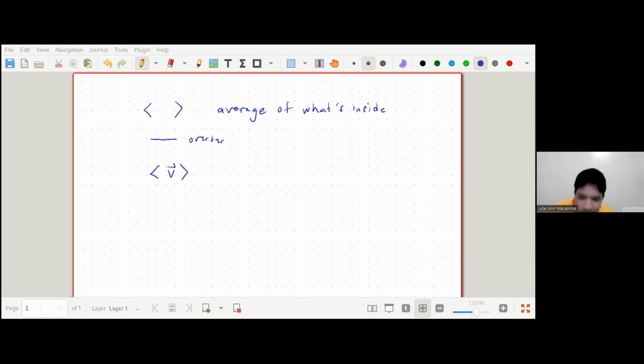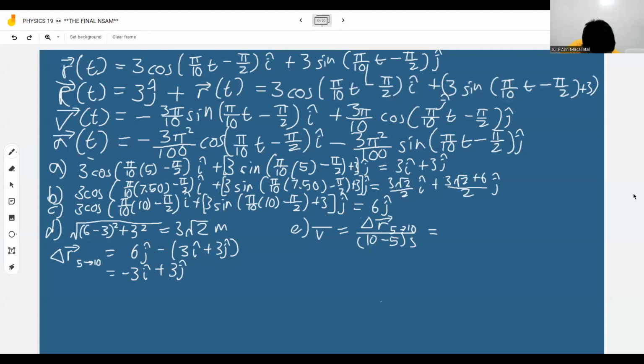Okay na? So the average velocity is negative 3i plus 3j divided by 5, so negative 3/5 i plus 3/5 j meter per second. Kasi yun yung units, di ba? Wala na.